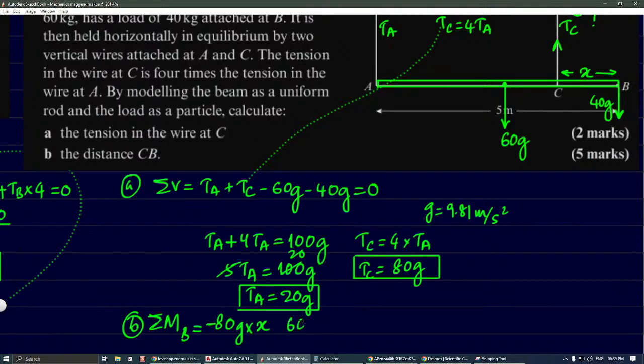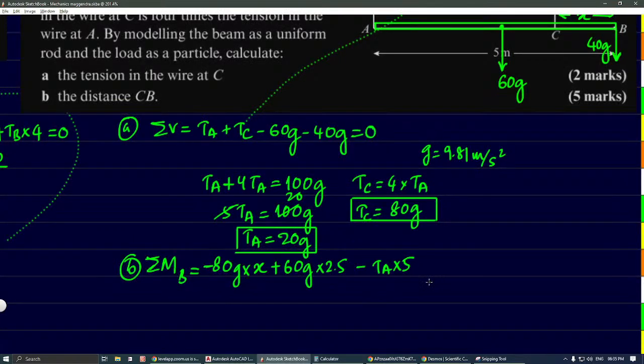And then 60G into 2.5, and this one goes in the anti-clockwise direction, plus. And then TA goes in the clockwise direction, that is TA into 5, then clockwise, so minus.